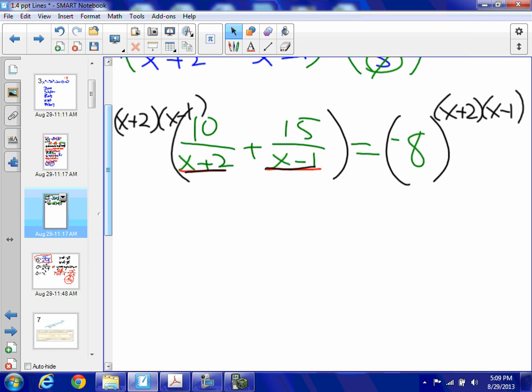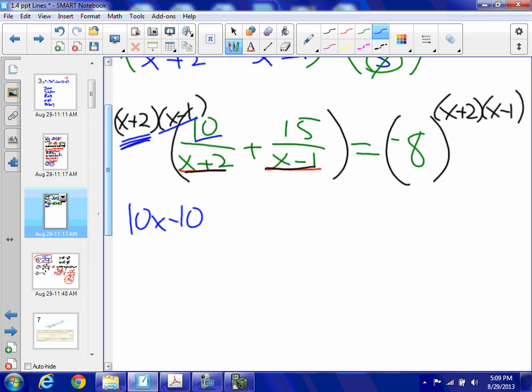So in doing this first term here, x plus 2 times x minus 1 times 10 over x plus 2, well, my x plus 2 is going to cancel out. So it's just going to be 10 times x minus 1, which is 10x minus 10.